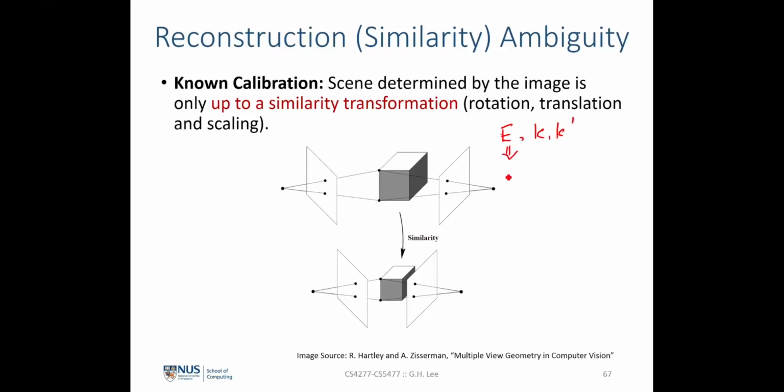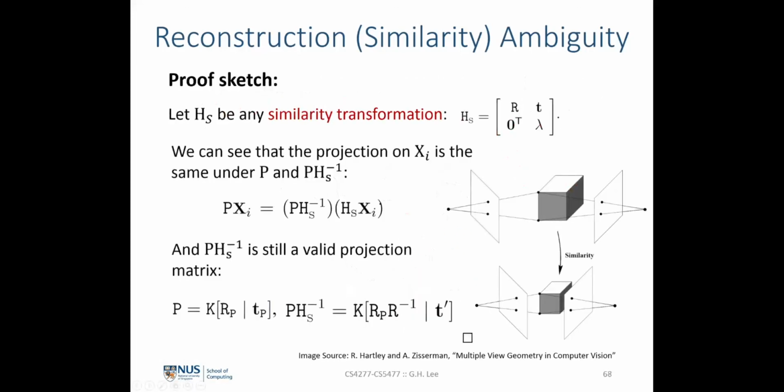E here, as a reminder, allows us to recover R and T, and together with K and K prime, we can recover P and P prime uniquely. We'll see that by making use of P and P prime in the linear triangulation algorithm that we have seen earlier on, the 3D structure that we recover is subject to a similarity ambiguity. We'll see why this is so.